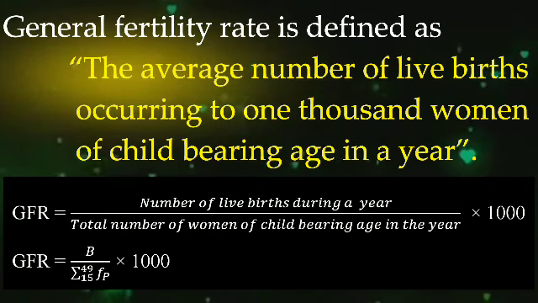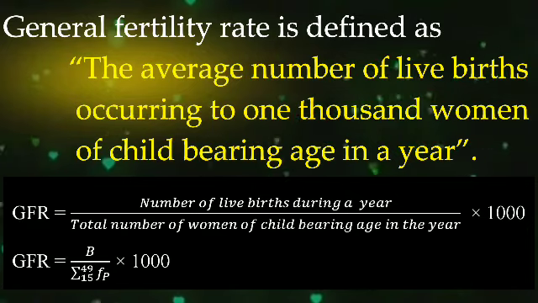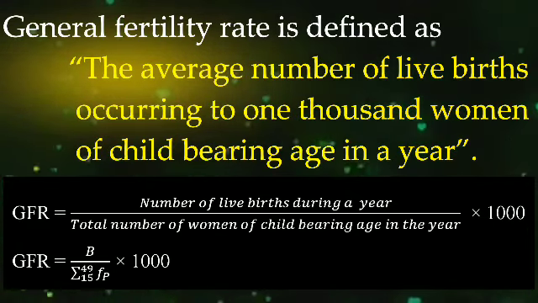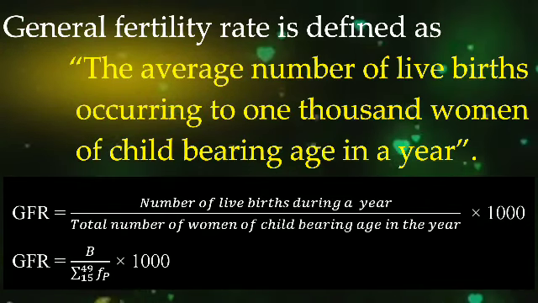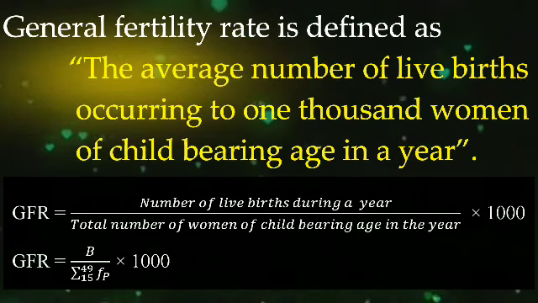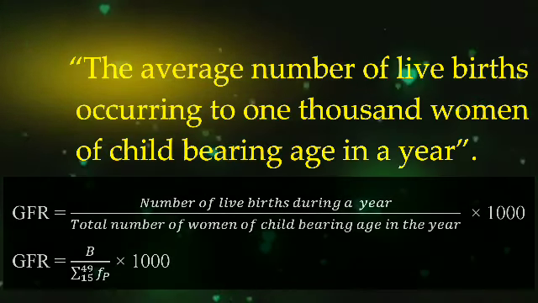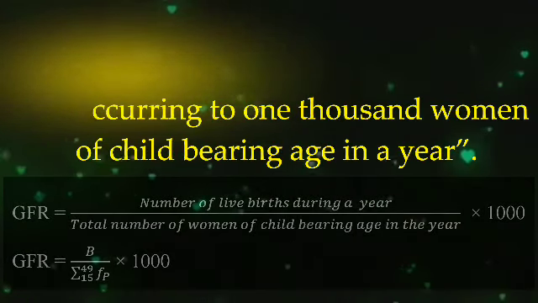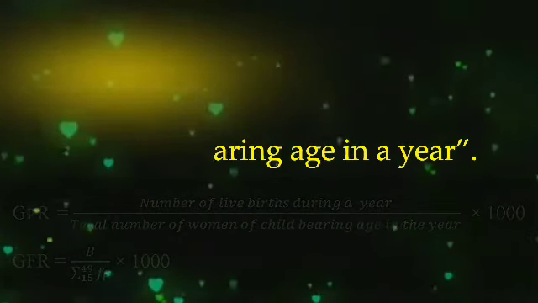Suppose in the question the data is given beyond this boundary, meaning if the data is given for the age group 0 to 14, which is not a childbearing age group, or for the age group 50 and above, which is not a childbearing age group, in that case you should ignore that particular data which falls outside the boundary. So you should consider only the women population for the age group 15 to 49.